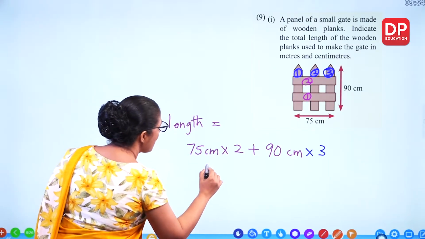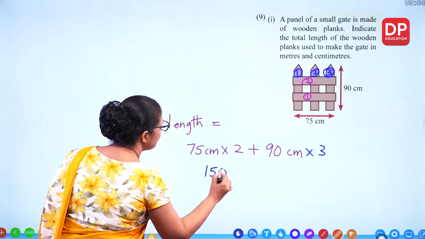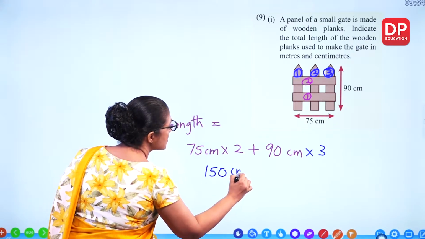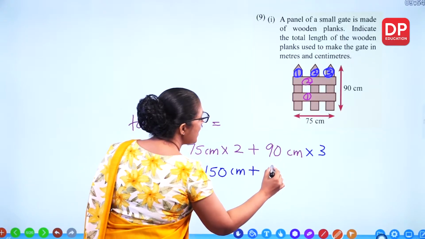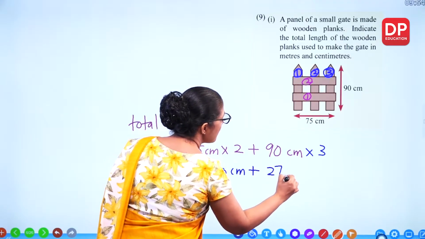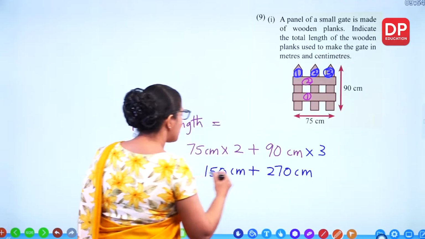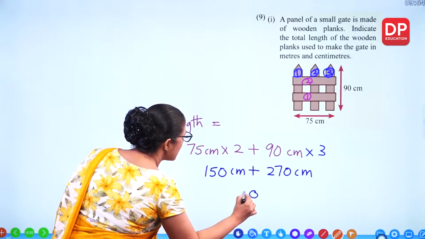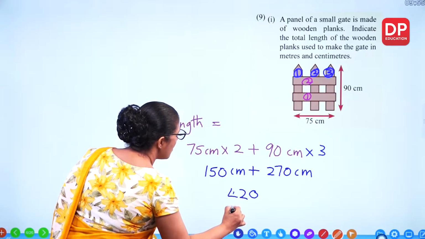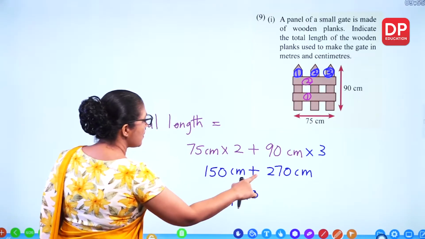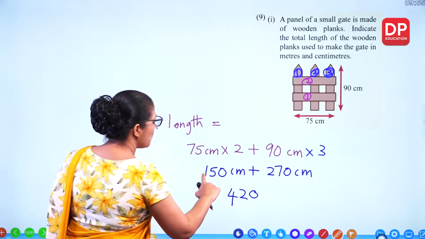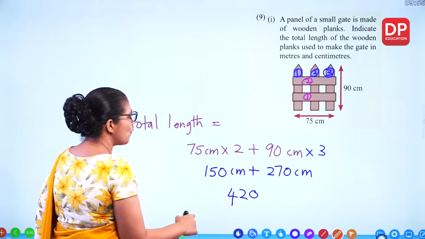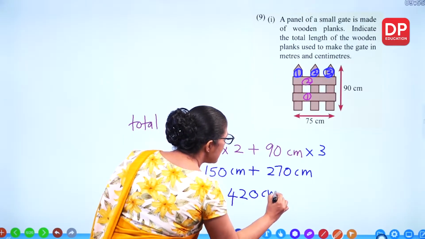2 times 75 is 150 centimeters. 90 times 3, 270 centimeters. When you add it together, you get, so 7 plus 5, 12, and 1 remaining, 3 plus 1, 4. 420 centimeters.